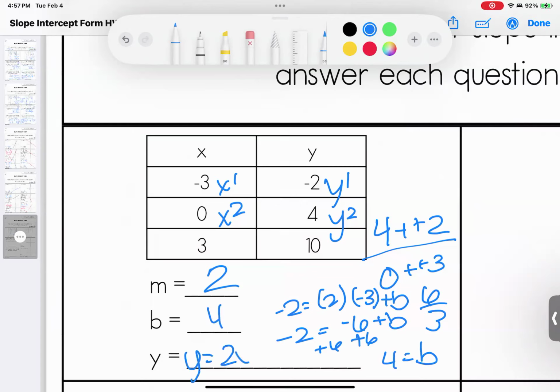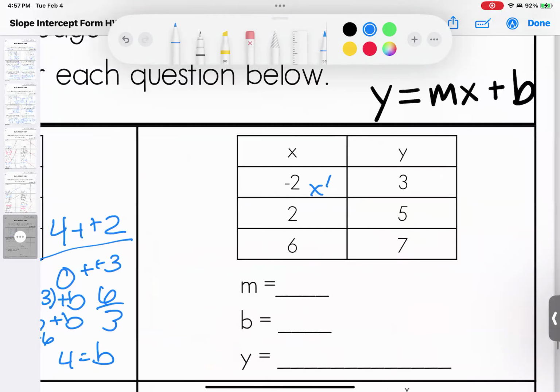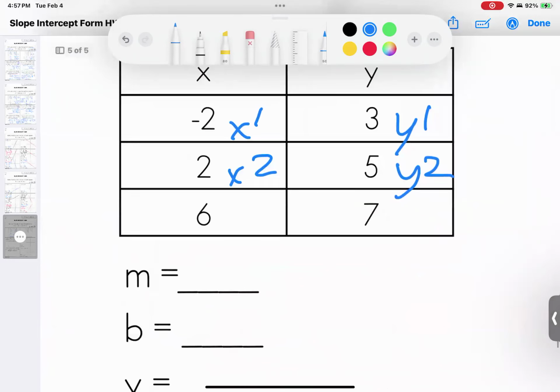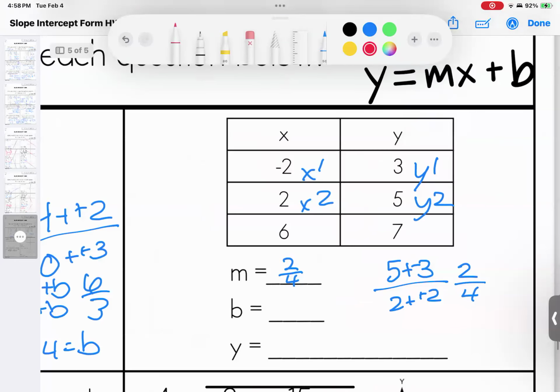Y equals mx plus b. All right, x1, y1, x2, y2. So we have 5 minus 3 over 2 minus negative 2. We'll keep change-a-rooney. Becomes 2 over 4. So you can put 2/4. You want to put 1/2 and feeling fancy, go for it.